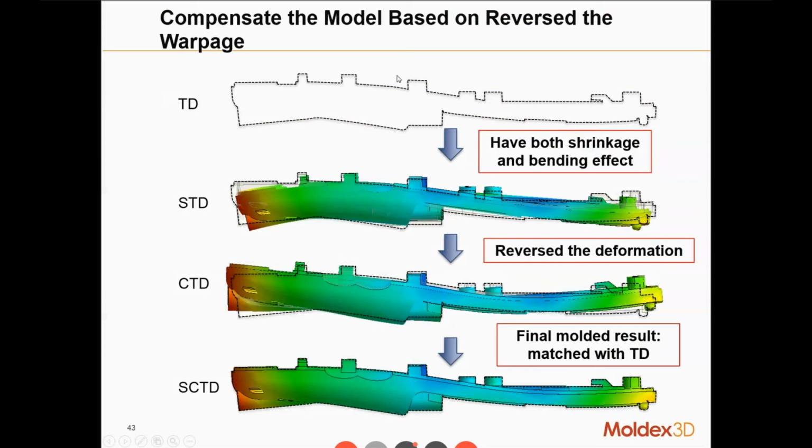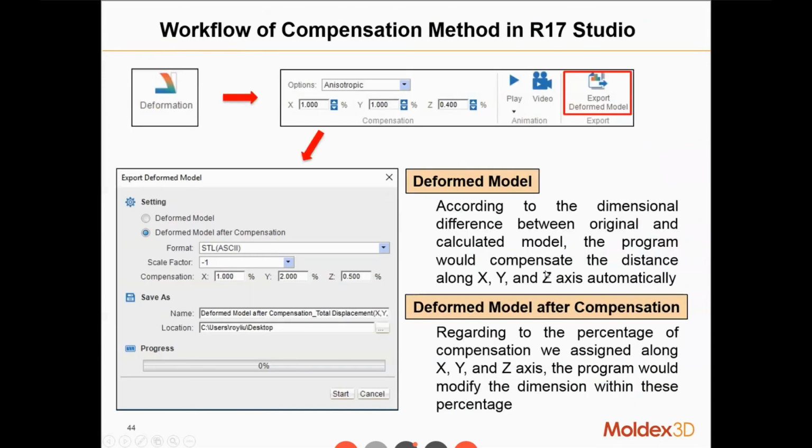In this case, it will have a shrinkage and bending effect, and by using the compensation method, we reverse the deformations, and we can have a final model to match the target design. So how to use this compensation method? This is a workflow of the compensation method in R70 Studio.